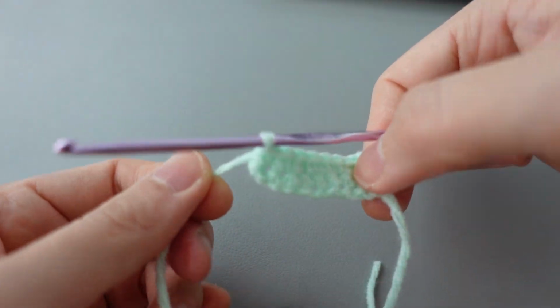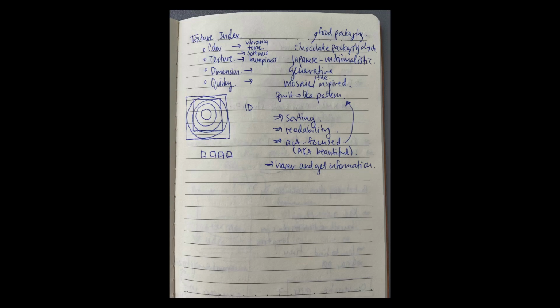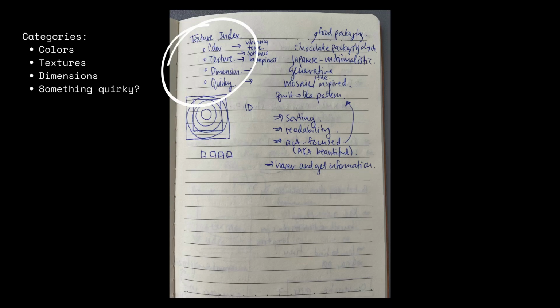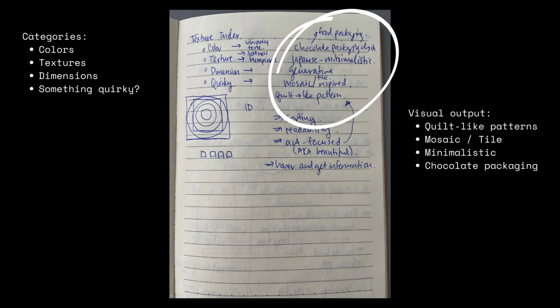Thinking about how I want to track these, here is my original note. The categories I wanted were color, texture, dimensions, and maybe something quirky. I wanted to add some fun to the sketch from the very beginning. I also noted down the types of visuals I wanted the final piece to be like. Quilt-like mosaic tile patterns, something minimalistic.